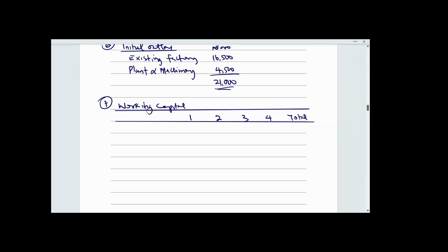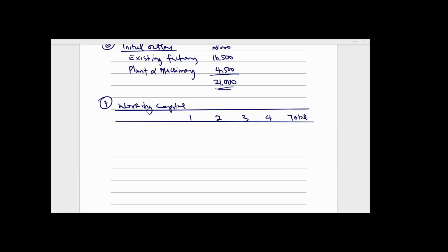So, according to the question, working capital, yes, you are told that AL will require working capital of 15% of the anticipated sales revenue for the year. At the beginning of each year, the working capital is expected to be released at the end of the 4th year when the production is sold.